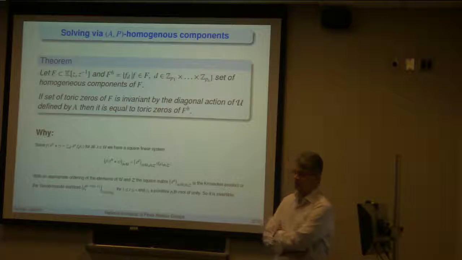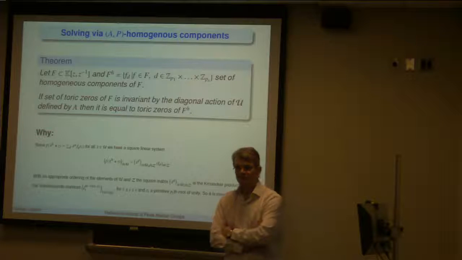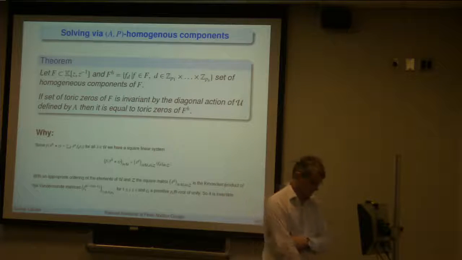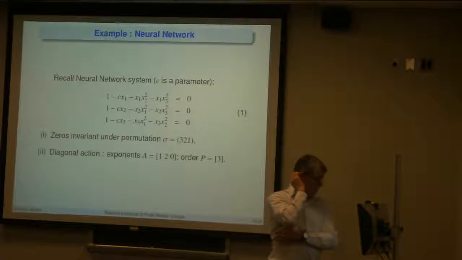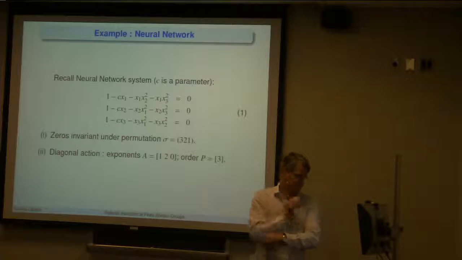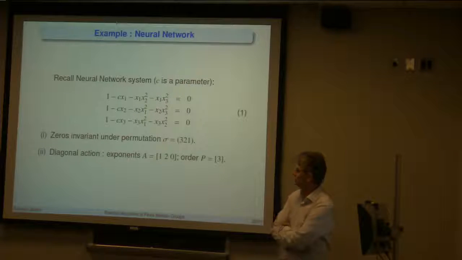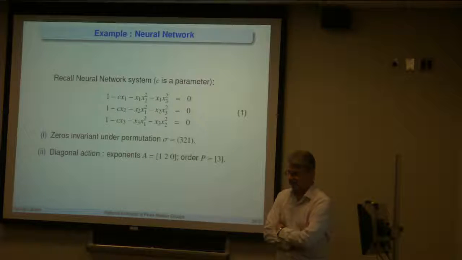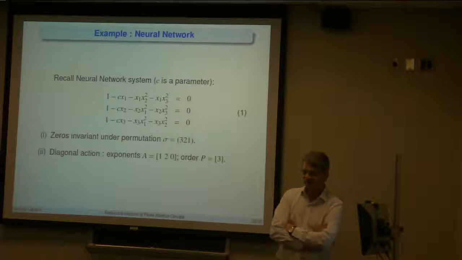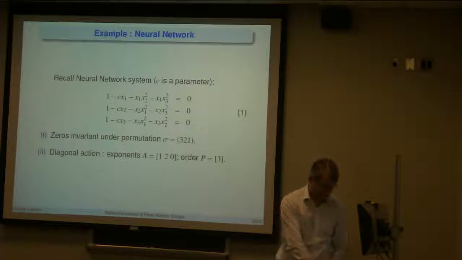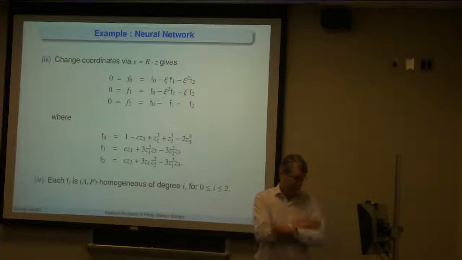Maybe this is a case where an example might be a little handier. Okay, and again, neural network example. Its zeros are invariant under this permutation, 3, 2, 1. Diagonal action, the exponents are going to be 1, 2, 0. The order is going to be 3. And I'm going to change the coordinates.